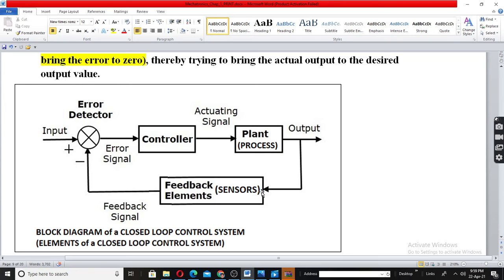Now, suppose when a hump comes, it is only around 3 or 4 inches, usually, sometimes maybe 1 foot also. So for a 1 foot hill, if you change the input, if you change the error signal, the controller will change the accelerator position. When the hump comes, it will increase.